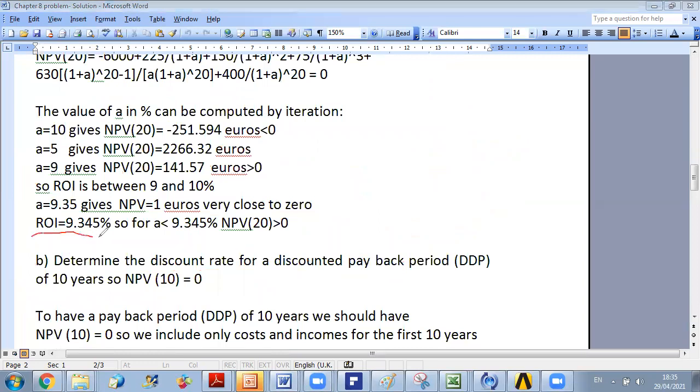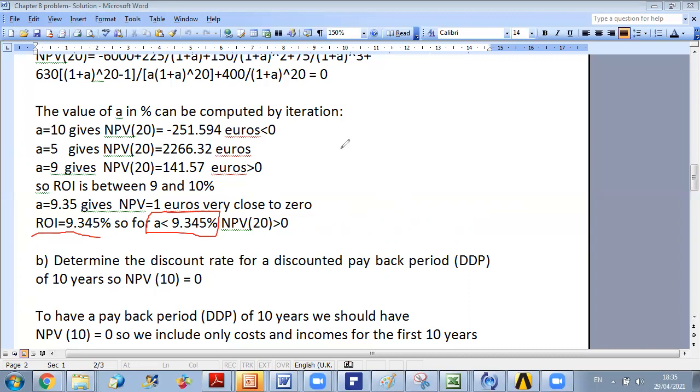This is an acceptable ROI, because if I have a discount rate lower than 9.345, then my NPV is positive. So your range of risk is high, and you can take risks, even if I have low confidence in the future.